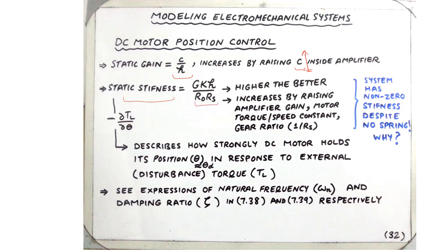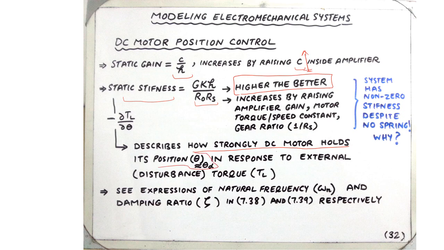The first thing to note is that static stiffness, in terms of magnitude, the higher the better. Over here we say the higher the static stiffness, the better it is. And why do we want it to be higher? Well, it describes how strongly a DC motor is capable of holding its position.